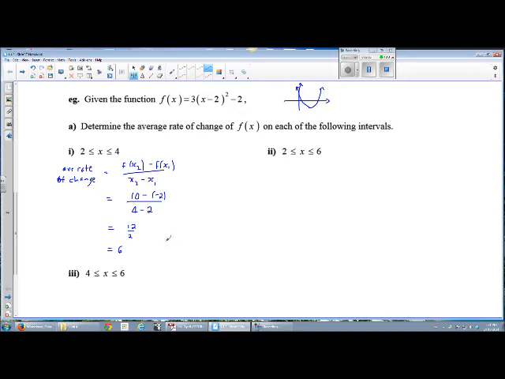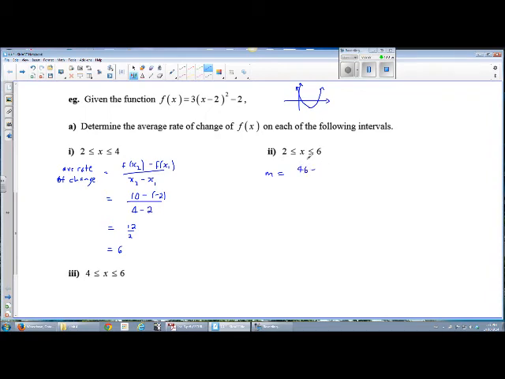All right, so now let's do the same thing over here. So the average rate of change, again, same formula, so I won't repeat it just for the sake of brevity. For f(x2), x2 is going to be my 6. 6 minus 2 is 4. 4 squared is 16. 16 times 3 is 48. 48 minus 2 is 46.